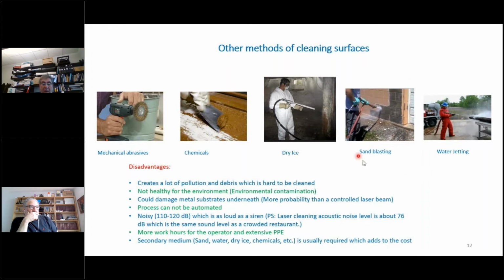So the one main one is the sandblasting method, which is used in industry a lot. But the problem is that you need to do a lot of preparation before the operation, and you have to do a lot of cleaning after the operation because all the dirt is returned to the environment and a big mess is produced.